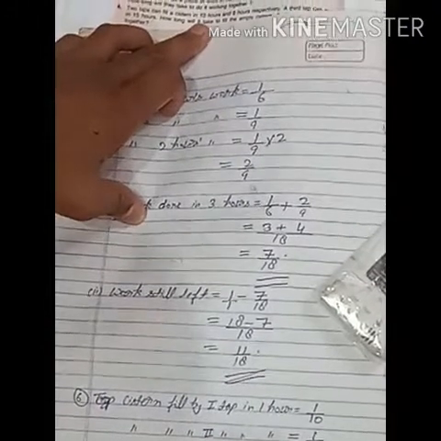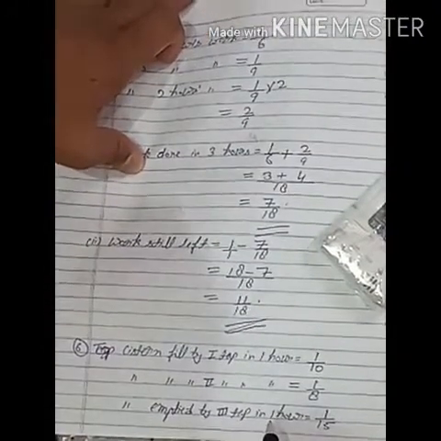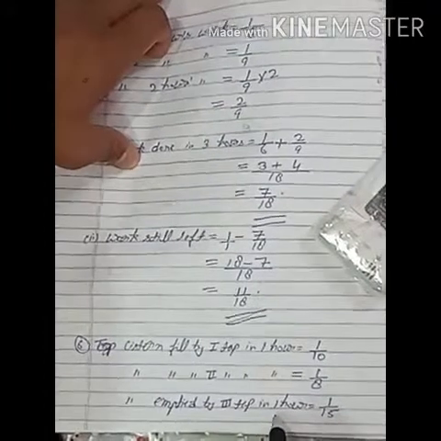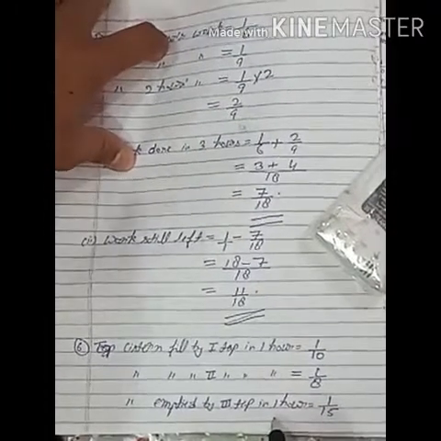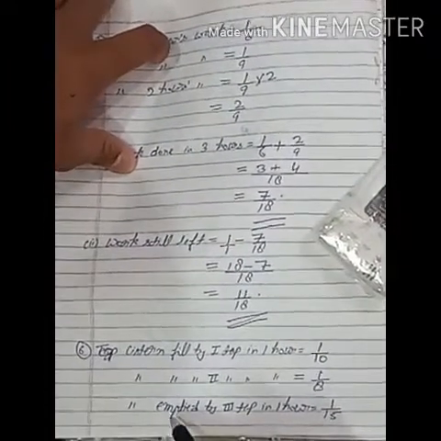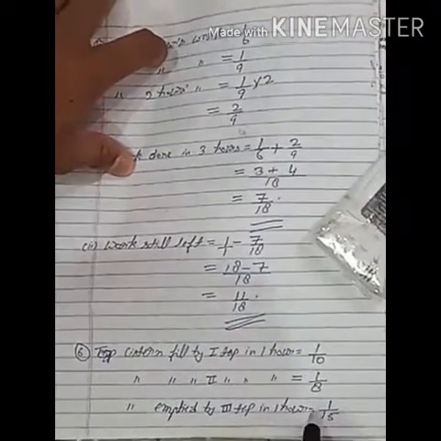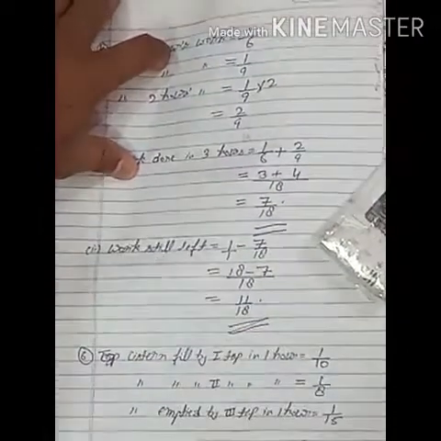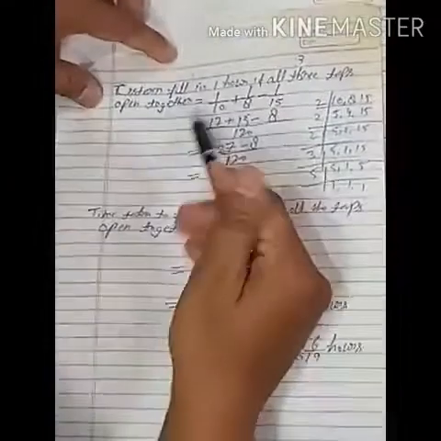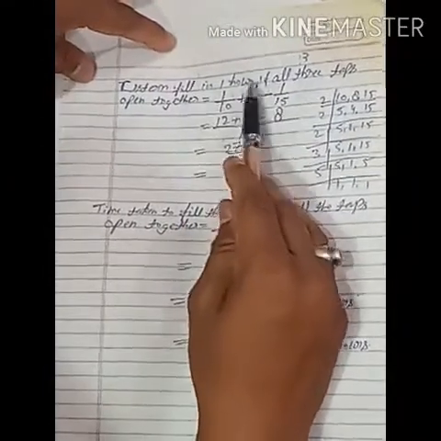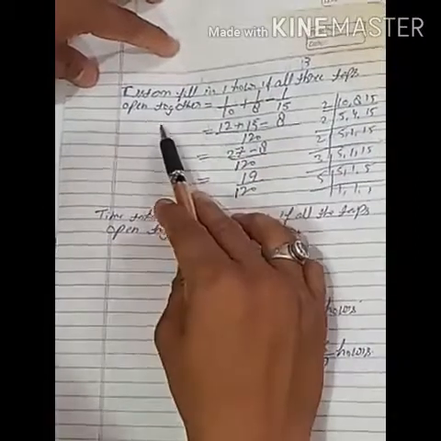And cistern emptied by the third tap in 1 hour, because the third tap empties the cistern in 15 hours, is 1 upon 15.